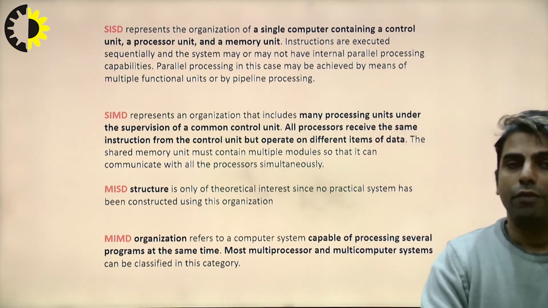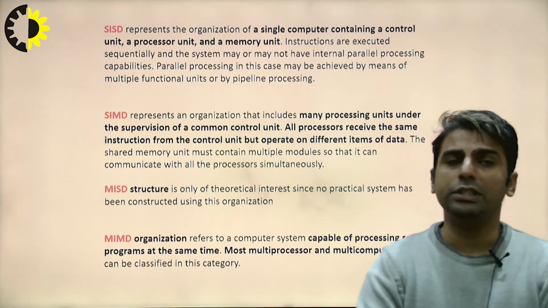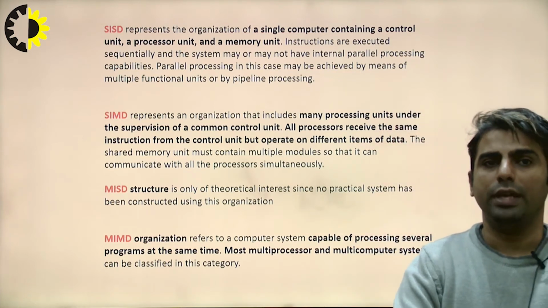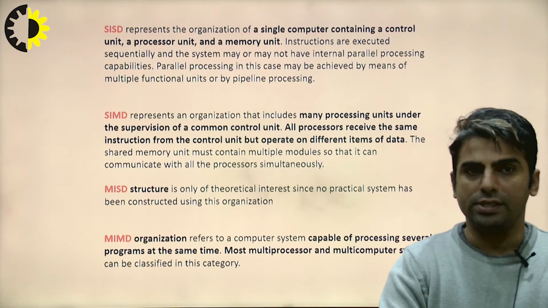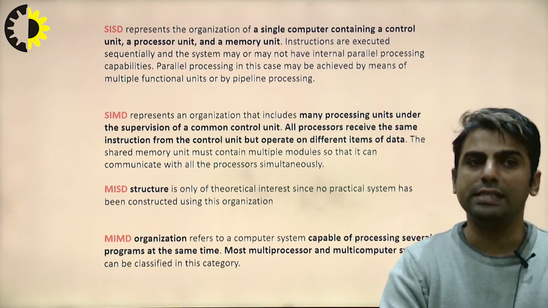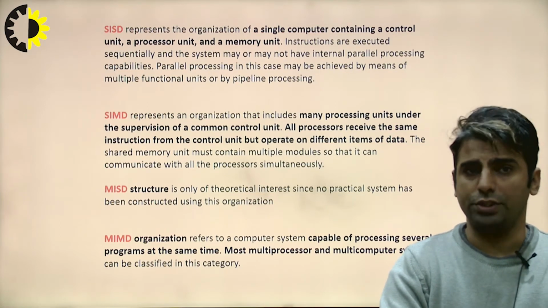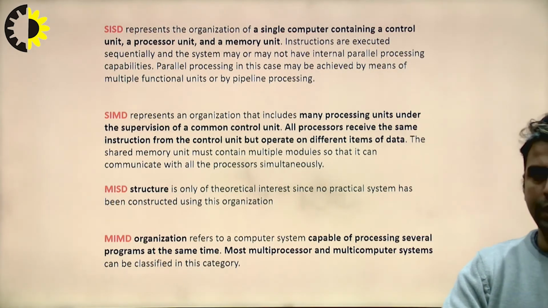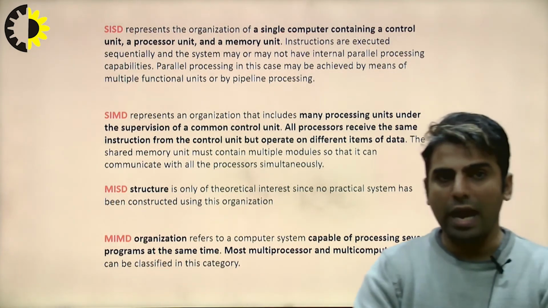It's like we have a common control unit which is controlling the multiple processing units. So there can be many processors which are working on the same instruction. Okay, so all processors receive the same instruction from the control unit but operate on different items of the data, right?